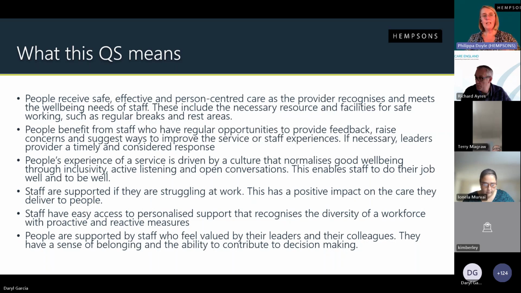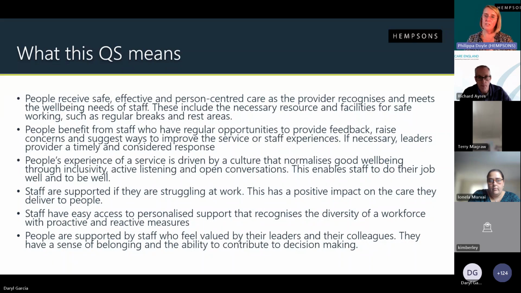And they're wanting to say that people's experience of a service is driven by a culture that normalises good wellbeing. So what they mean by that is that it's a nice place to work. We've got a great culture here. If somebody's got a problem, they can talk to us about it. We're actively listening to people. We're very inclusive. We're not judging anybody.